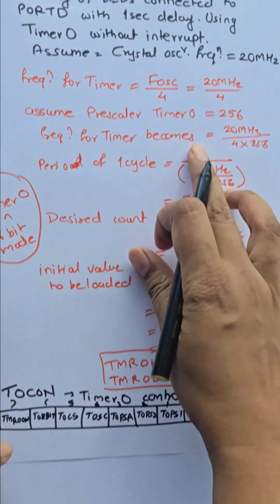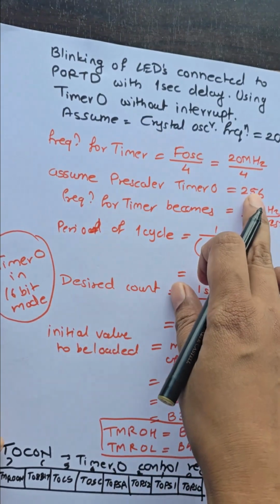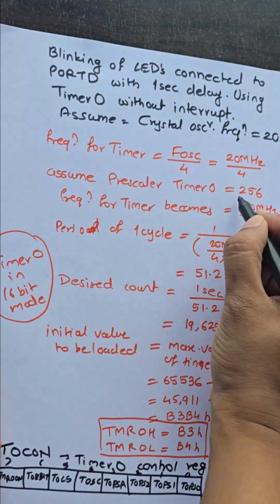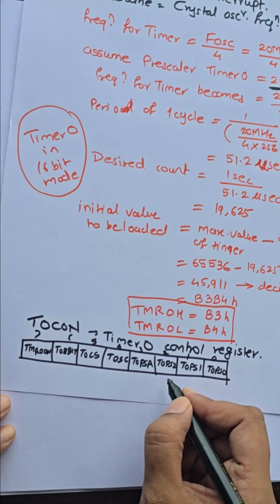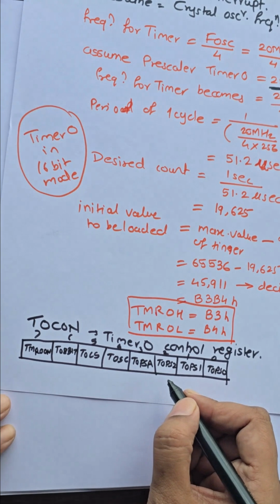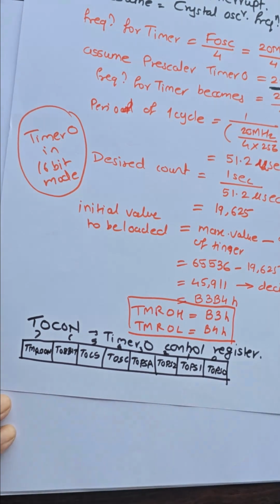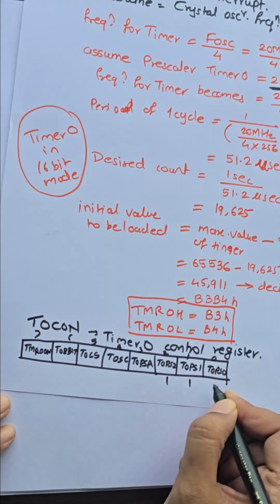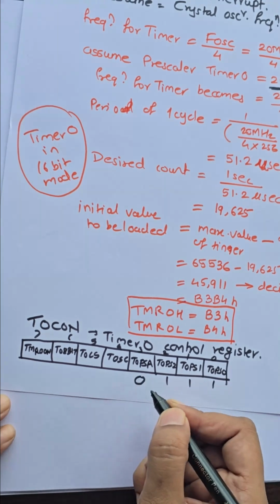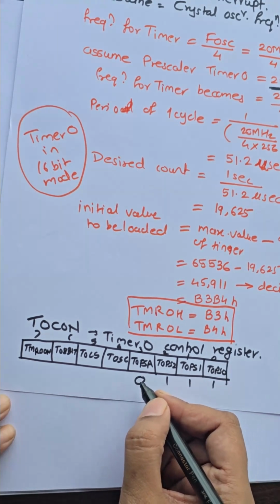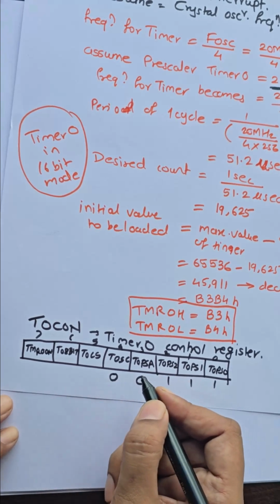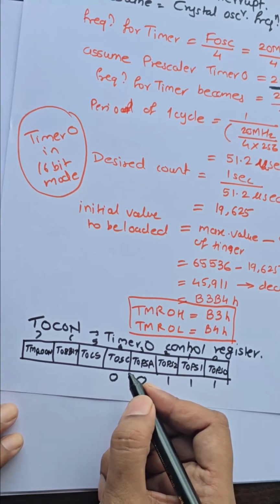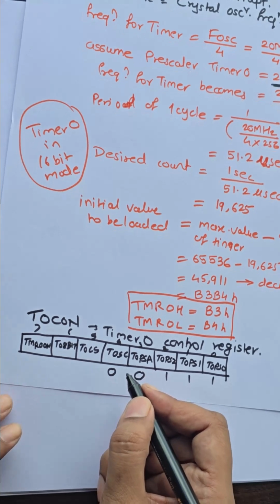As we have taken the prescaler value equal to 256 here, the corresponding prescaler bits will be 111. As the prescaler is assigned, T0PSA will be 0. Synchronization is not required as we are not using an external clock source.